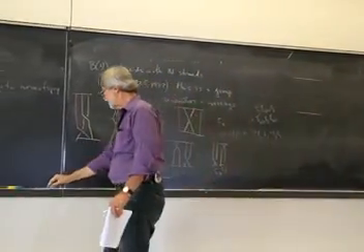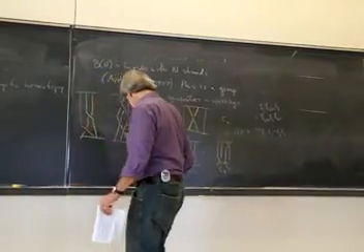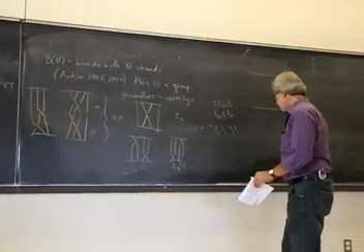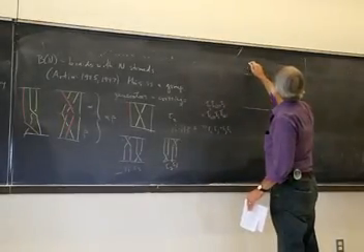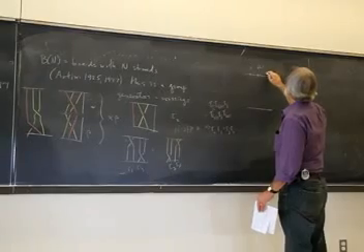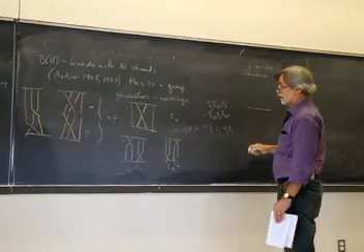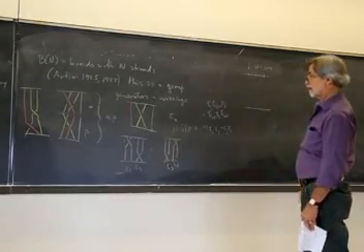So let's draw a picture of that. So Ti, here's i, you've got strands here and here, but here's i plus 1, and i plus 2.